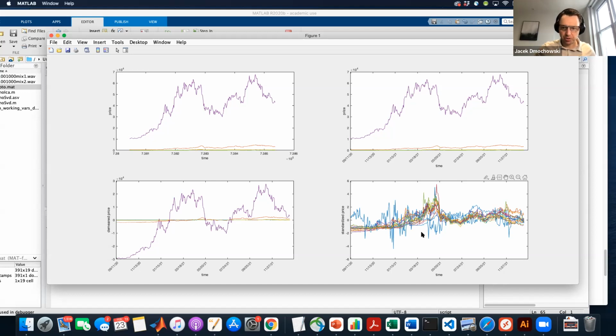If I were to compute the mean of every one of these time series, it would be equal to 0. And if I were to compute the standard deviation of each of these time series, it would be equal to 1.